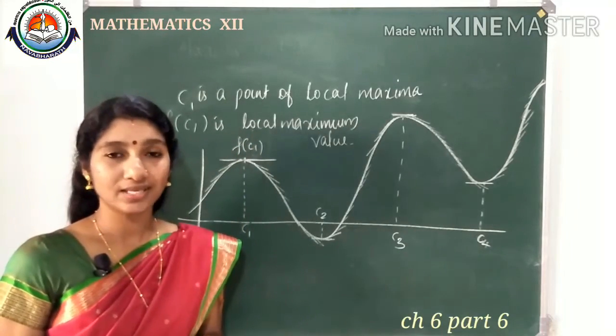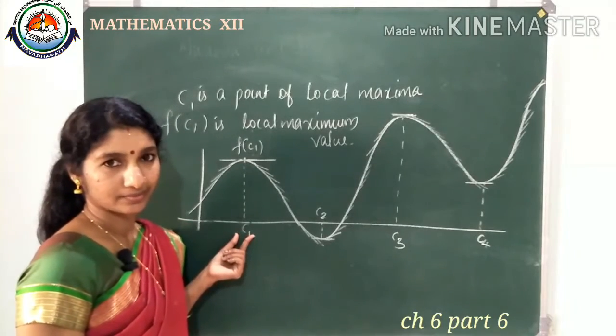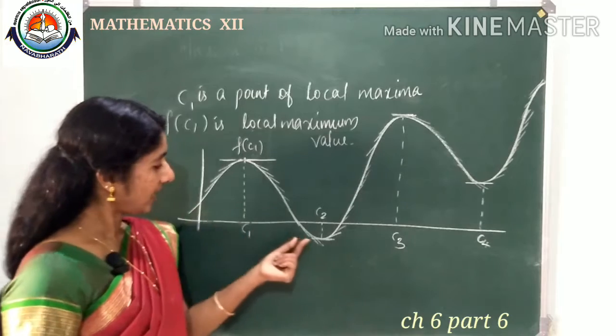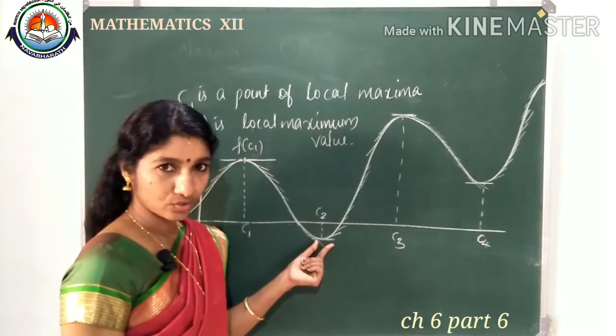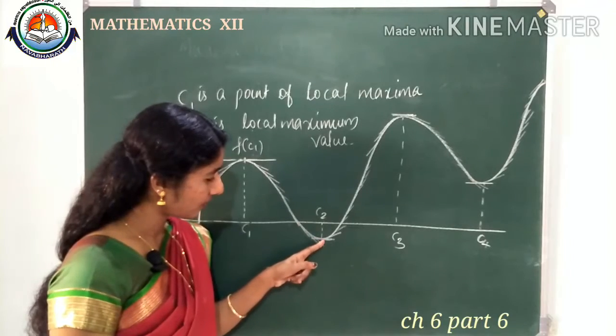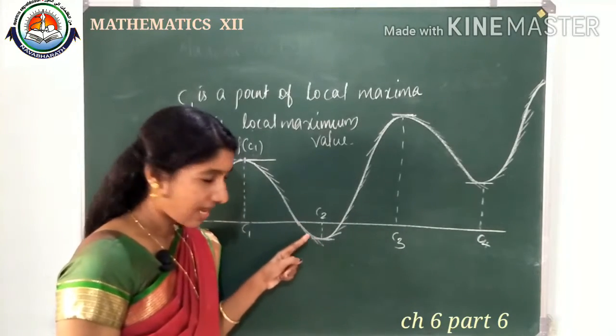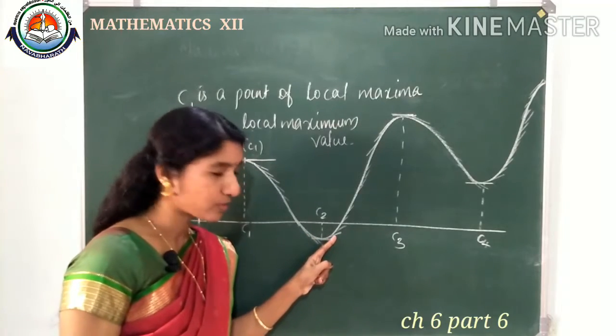Where does it give a local maxima? At C1 it gives a local maxima. Got it? And what is happening at C2? Its slope of the tangent was negative and it changed to positive.